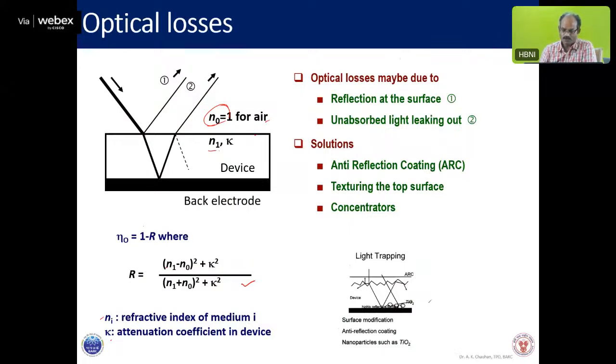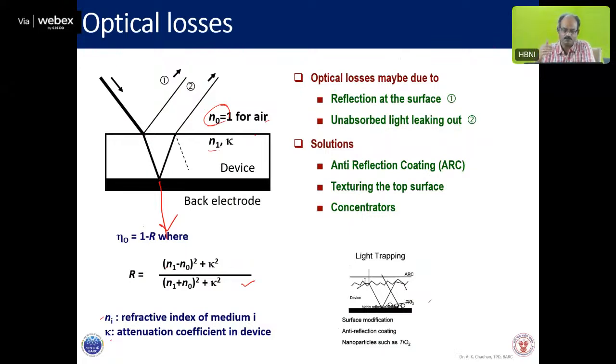So now when light is incident on a surface, the losses may be reflection at the surface and unabsorbed light which is leaking out from the other side, meaning the transmitted light. If it is absorbed inside the material, it is likely that it will create an electron hole pair if it is a solar cell.